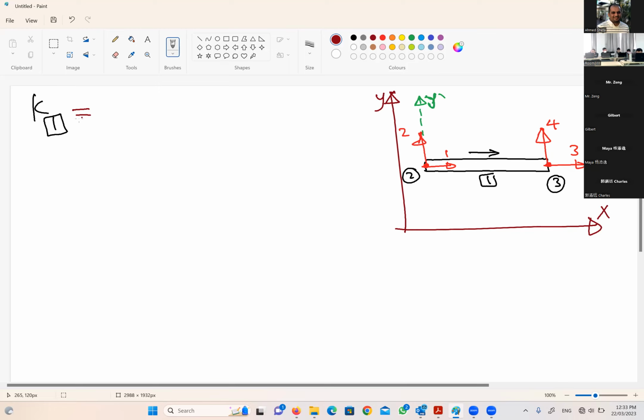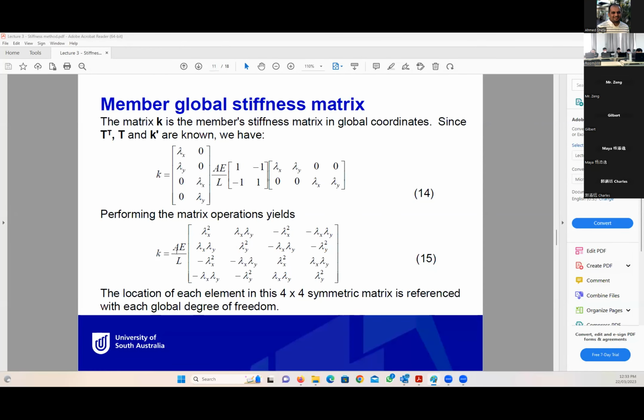If we go back to the previous slide, what is the global stiffness matrix for a truss element? Equation 15. So what I will do is just write it down.